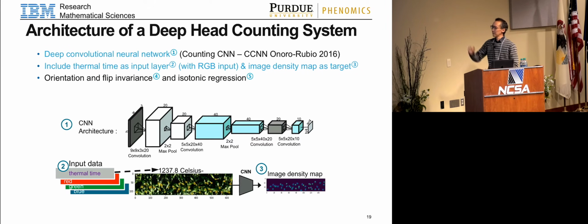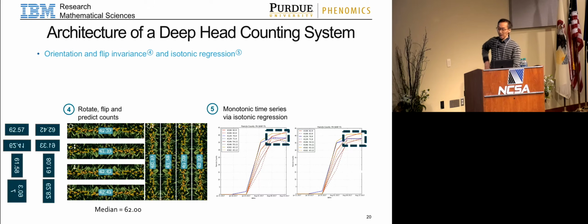But we make a number of modifications and enhancements that make it work well for this problem. One of them is that we include thermal time as part of the input. That's another place where we make use of agronomy. The image density map is what I just explained.